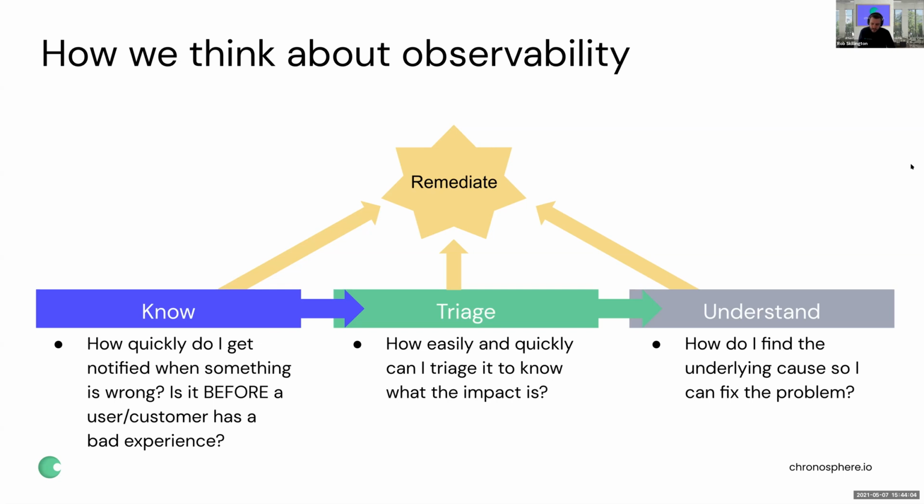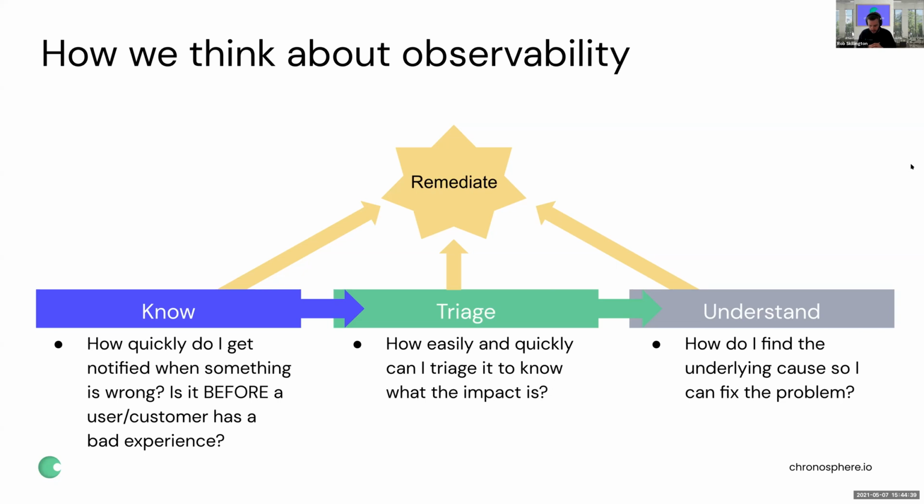Then the second side of observability is typically triaging those insights. So how quickly can you act on this data, on this knowledge base that you have accessible? Once you have acted, that could mean mitigating an issue or fixing a performance problem.